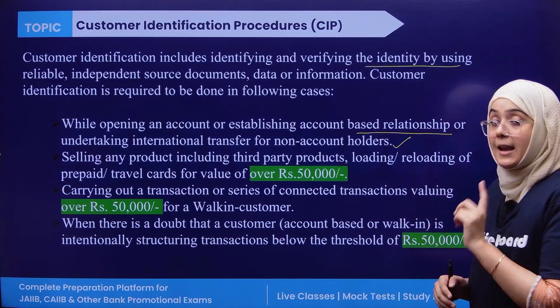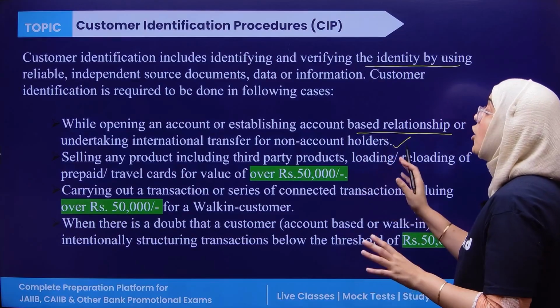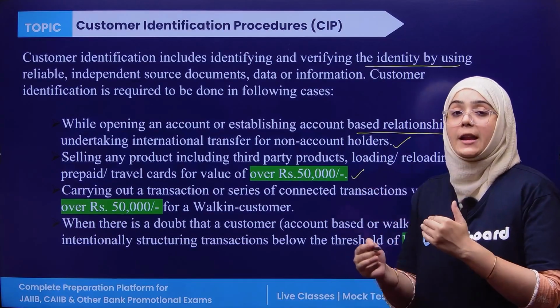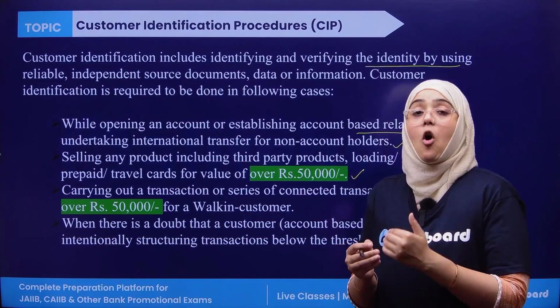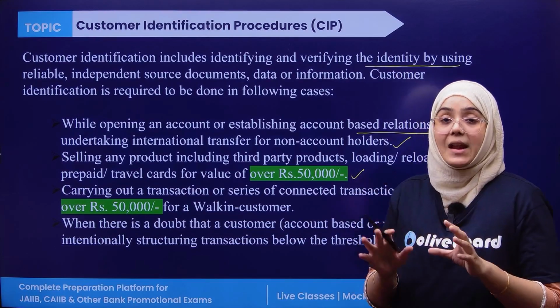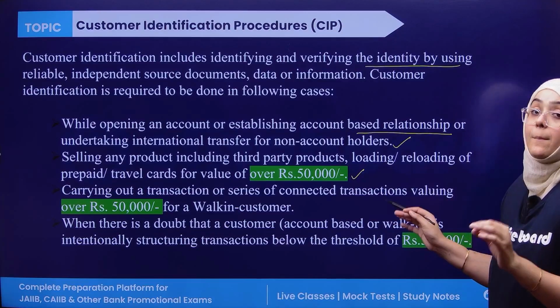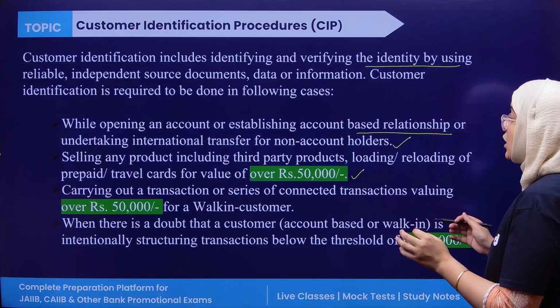If you are selling any product, including a third-party product, reloading or loading travel cards, and its value is above 50,000, or you are involved in any type of transaction, or selling any type of product, but the value is over and above 50,000, then the customer identification procedure is important for you. It means the bank should verify you, the bank should identify you.